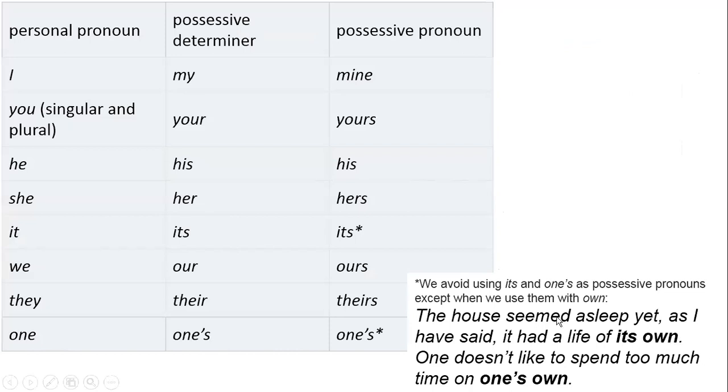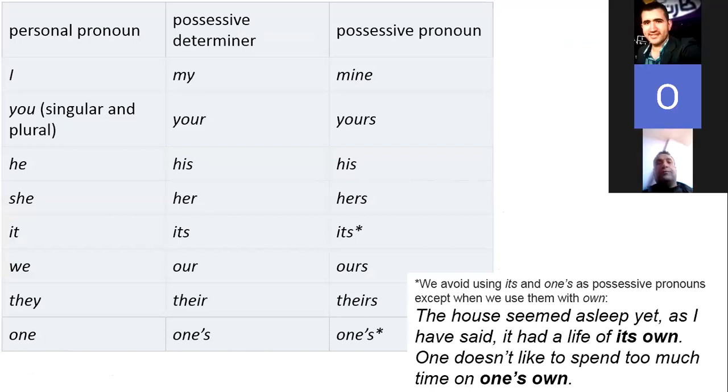But since we're not talking about a specific person here, we can use just one. One wants to spend his life learning English. One wants to be here all the time. So this one can be a man, can be a woman. So it's general and it's singular. Okay, one here is singular.